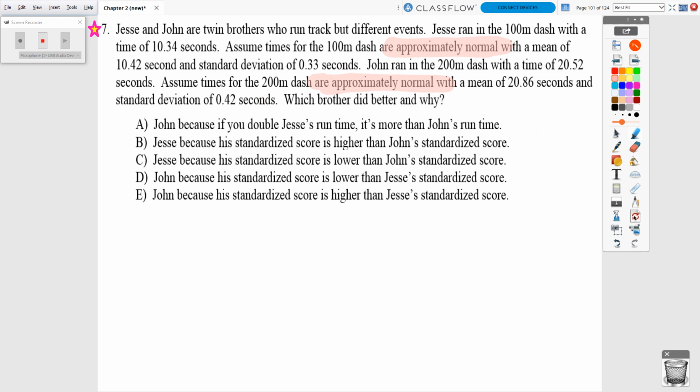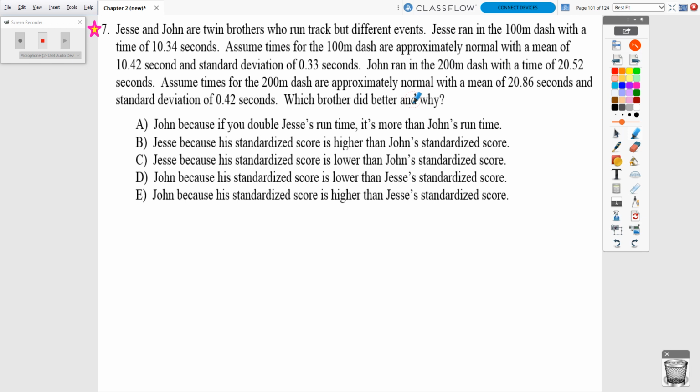And so if you look at the first answer choice, it says John, because if you double Jesse's run time, because he ran the 100-meter dash and John ran the 200-meter dash, well, if we double a 100-meter dash time, it's like he ran a 200-meter dash, right? So can we really compare a 100-meter dash time, even if it's doubled, to a 200-meter dash time?